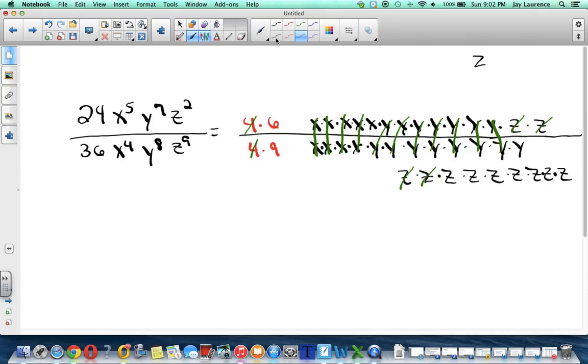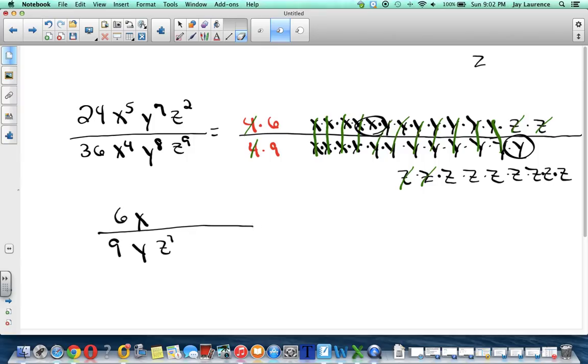And there we go. So right now I'm going to have 6 in my numerator, 9 in my denominator. An x, see that x sitting there all by himself? A y in the denominator, yeah, there's that y. And then I'm going to have 1, 2, 3, 4, 5, 6, 7 z's all being multiplied. That'll be z to the 7th.